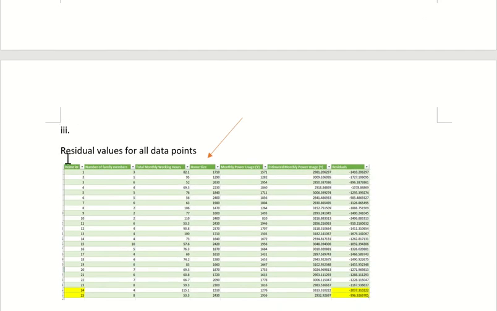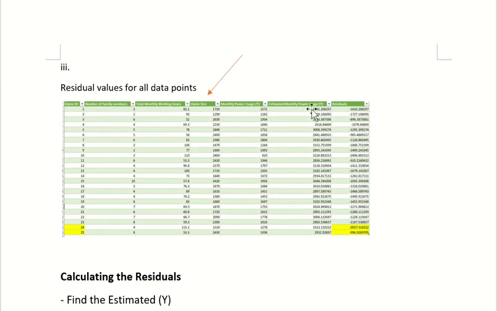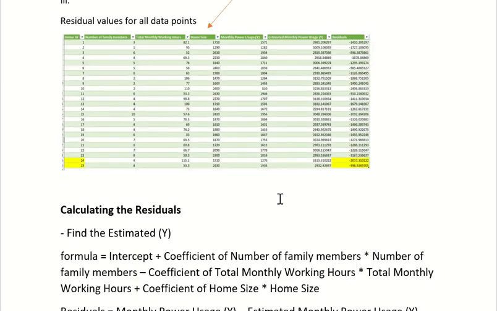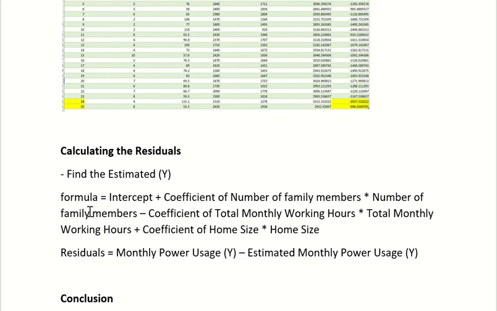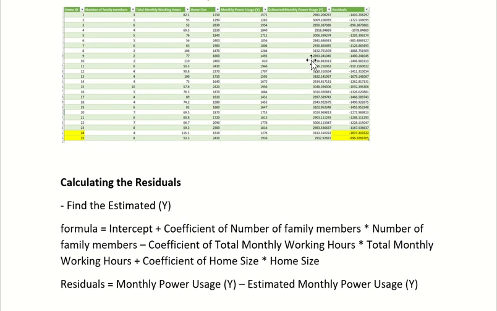And for part 3, the residuals for all data points are here, in this particular row. To calculate the residuals, we first need to find the estimated y, which is this. The formula is intercept plus the coefficient of number of family members times a variable, for which we will use home ID 1 to work out the estimated.